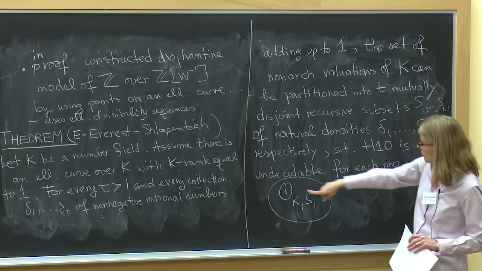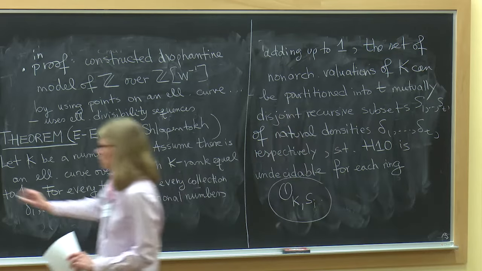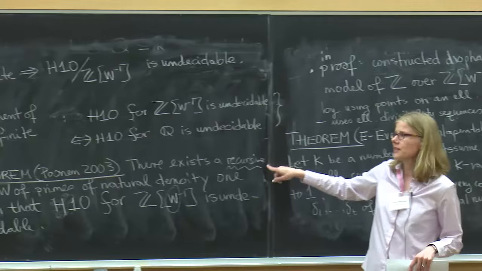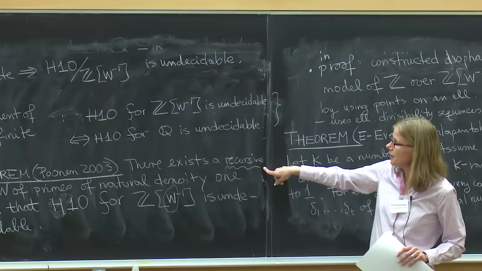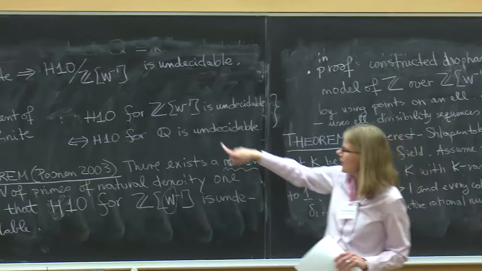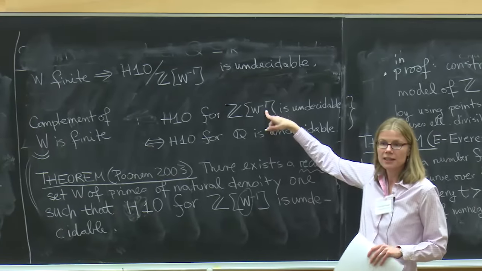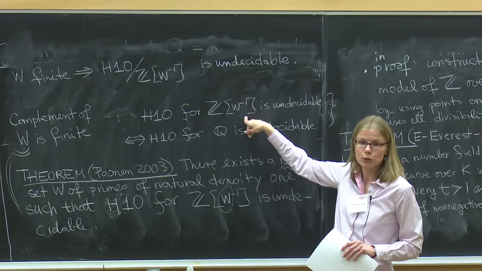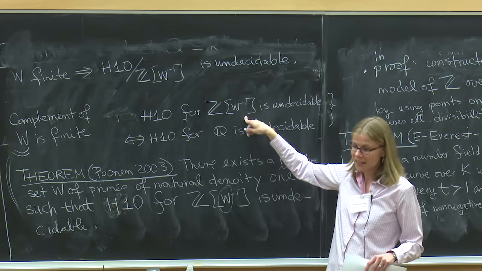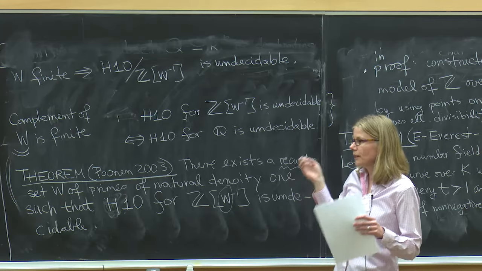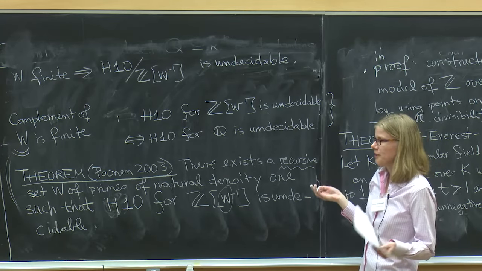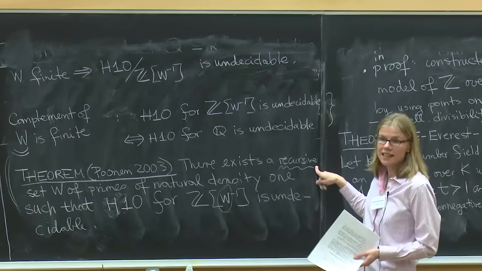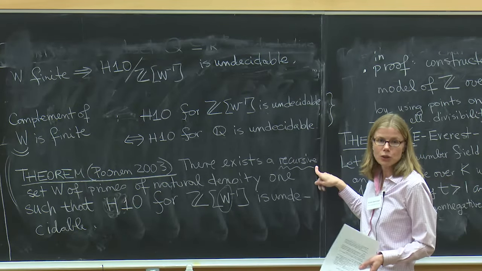And I should just say, maybe there's a question of why this word recursive is there. If you don't put that in there, then you can't even decide membership in W, and then automatically Hilbert's 10th problem for this ring is going to be undecidable, because you can just cook up equations that would let you decide membership in W. So the problem is trivially undecidable if you pick your set non-recursive.